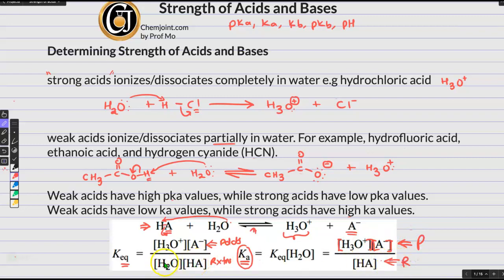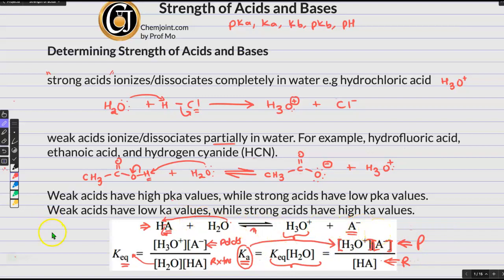Now you see, water used to be here. We just multiplied on both sides to get this expression, which we call Ka. Alright, so Ka is given by that expression for this equation.